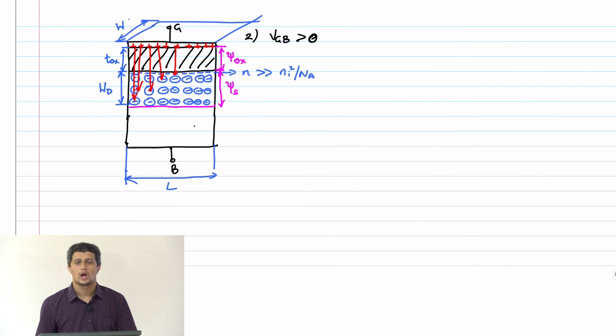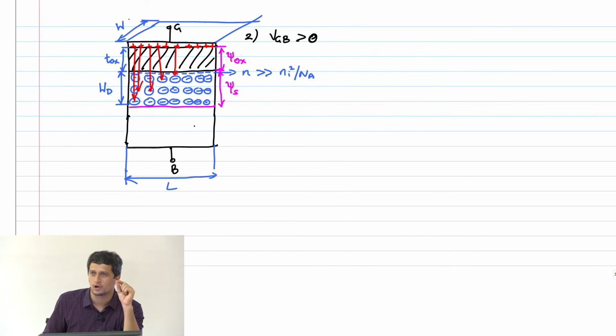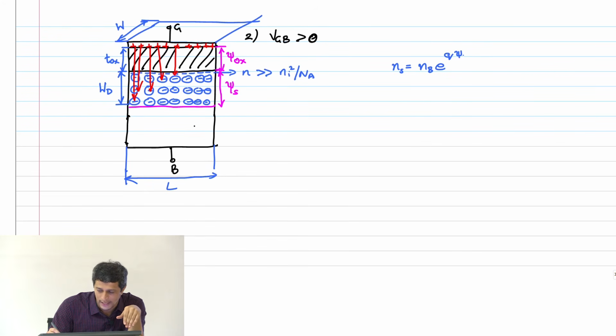So now you have attracted free electrons, you have created some surface potential. So the question is, will the surface potential keep increasing? Well, it turns out that because it's an exponential relation, if you look at the surface concentration related to the concentration of electrons deep in the bulk, NB, it has to be e power q psi s by kT.